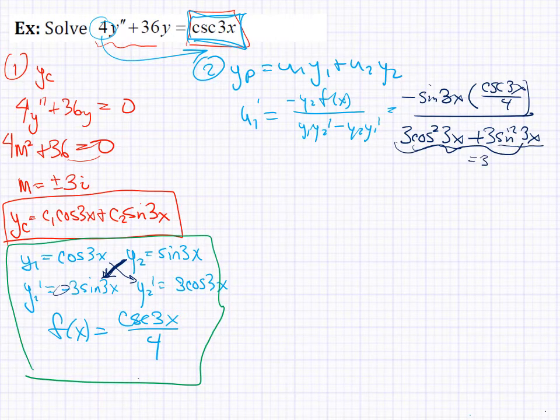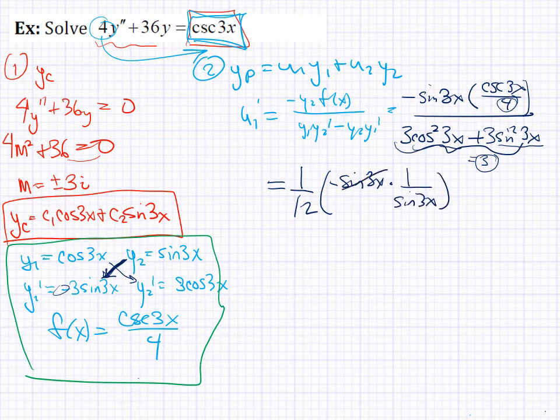Okay, so let's go a little bit further to simplify this, because we're going to have to integrate it. I don't want to leave it as is, so what are we going to have here? We have this 4 here, we have this 3 down here, so it's going to come out as a 1/12. We have a minus sine 3x, and then we have cosecant. Well, cosecant is 1 over the sine. So they're going to cancel.